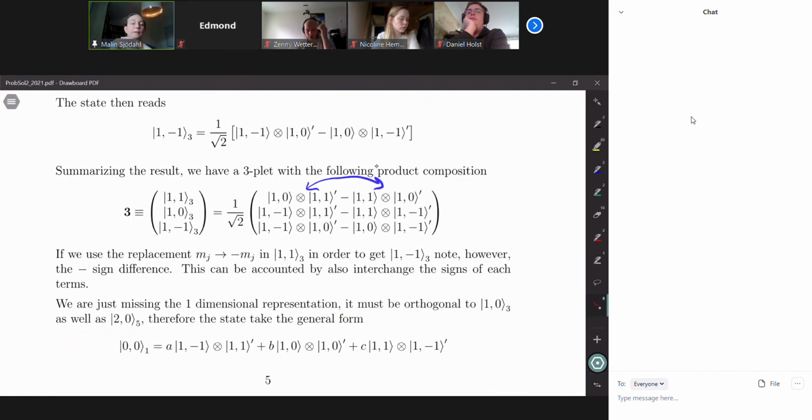So we see here that the symmetry is something that is the same for all the states in the triplet or all the states in the 5-plet.